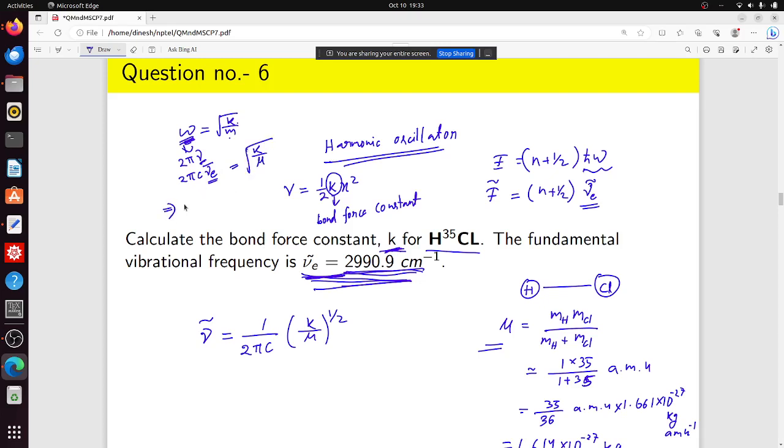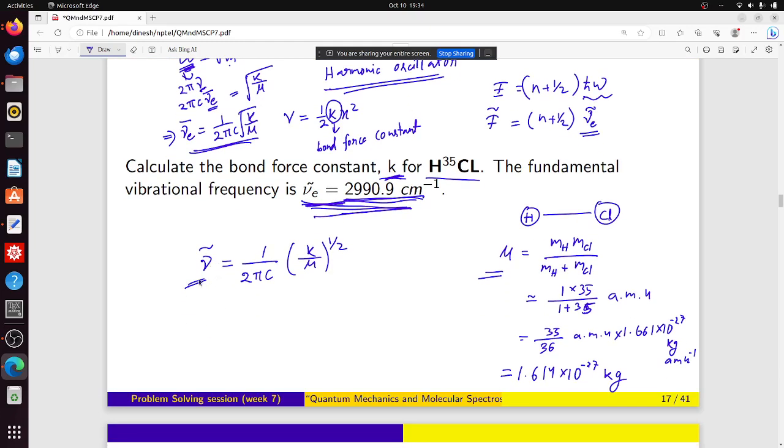So from this we get nu bar to be 1 over 2 pi c times root over k over mu. Here nu bar is given in terms of wave number.